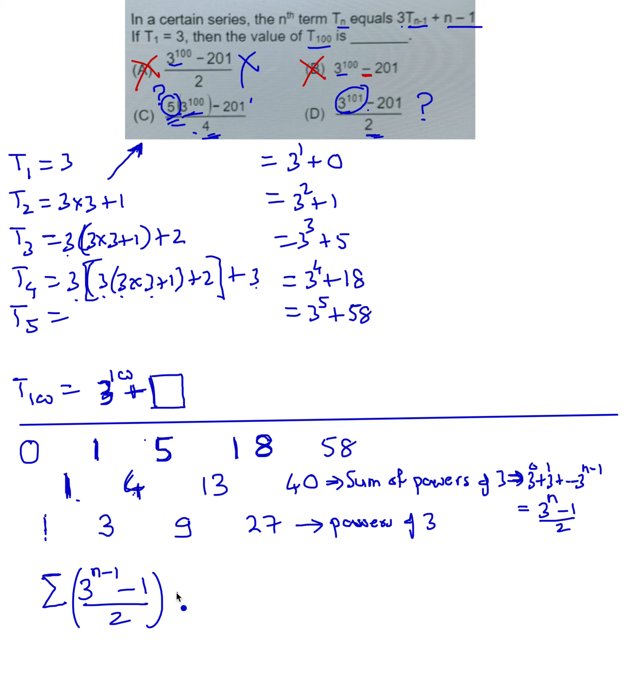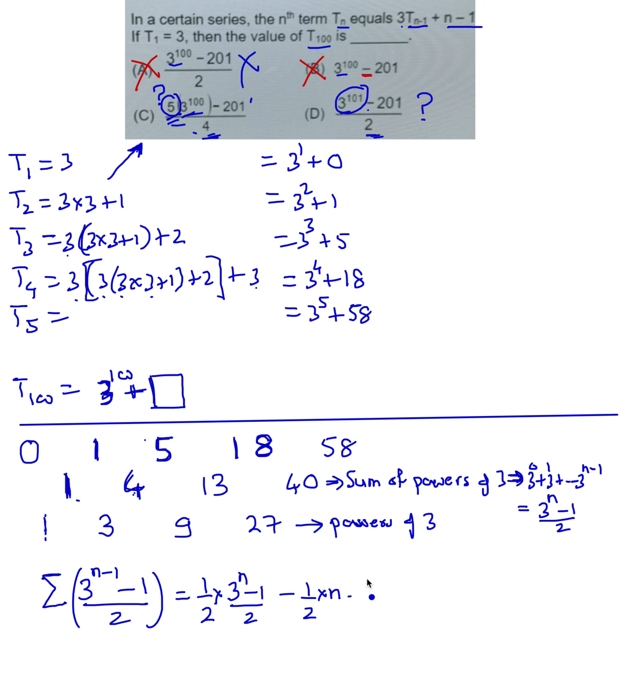Okay, and how do you find this? You split it up. There's a half, so that half would come out, and then you're doing the summation of n minus 1 powers of 3. So that would be the next power of 3, that is 3 raised to n minus 1 by 2, minus half is again taken common, and summation of 1. Summation of 1 is nothing but n, right?